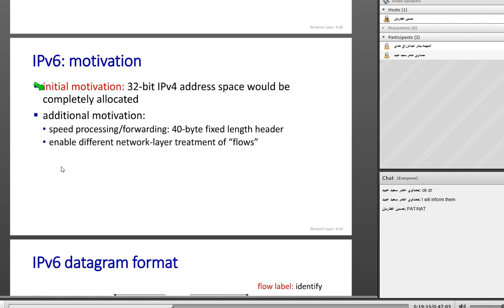But we know that the space of IP version 4 is limited because the length of IP version 4 is limited. Its length is 32 bits, but the length of IP version 6 is 128 bits, 4 times the difference. And someone says that if you use IP version 6, you can assign unique addresses to each molecule in the universe.